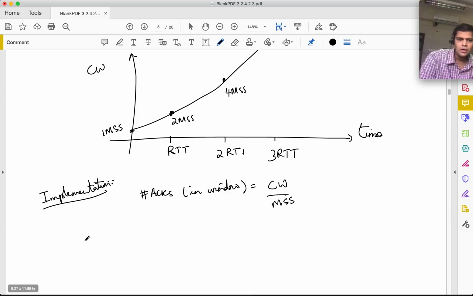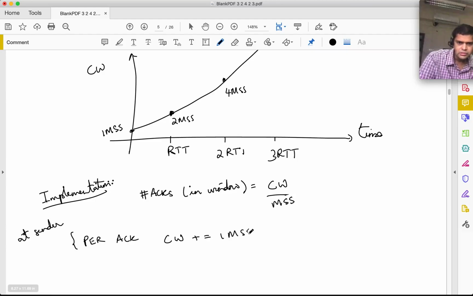Okay, so how do we do it? So per ACK, this is all done at the sender. So every time the sender gets back an acknowledgement, we increase the window size by 1 MSS.